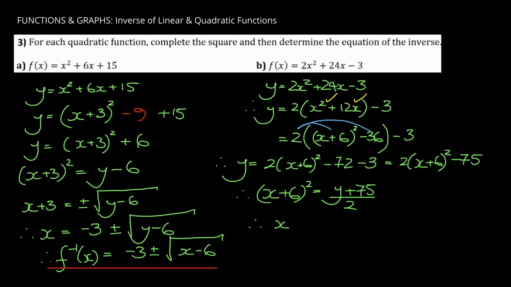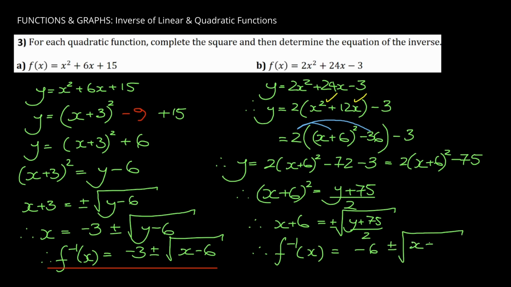Therefore, x plus 6 is equal to the square root of y plus 75 over 2, not forgetting our plus or minus out the front here. And now I can introduce the inverse function routine. f to the minus 1 of x is equal to negative 6 plus or minus the square root of x plus 75, both over 2. And that is your answer to part B.